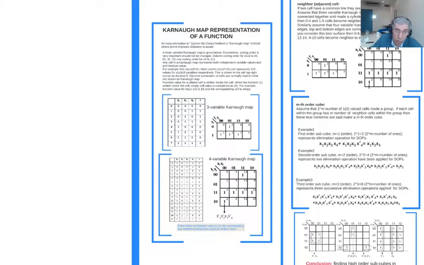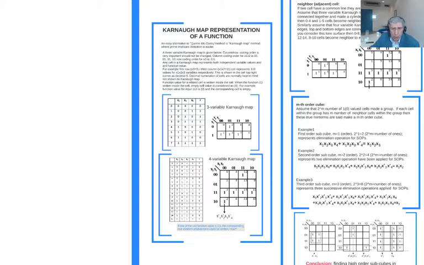For example, 14 and 5 are not neighbors. 5 and 9 are not neighbors. So the property of the neighbor cells, as I said before, is true for this 4-variable Karnaugh map as well. If two cells are neighbors, that means one of the variable values is changing while the other variable values are not changing. Then these are the neighbor cells.